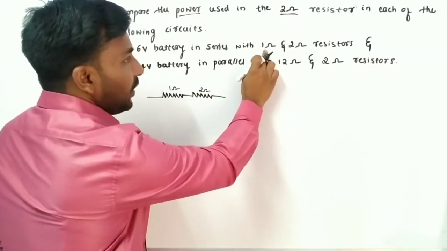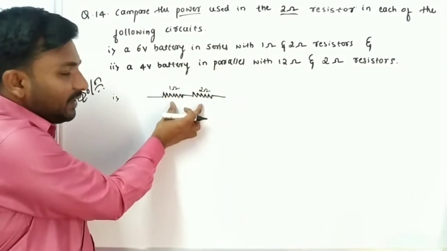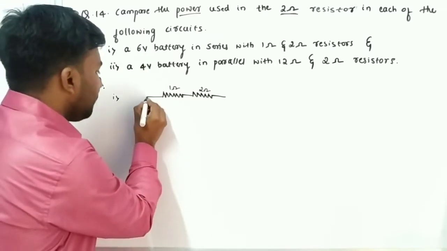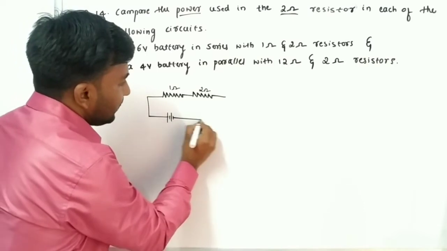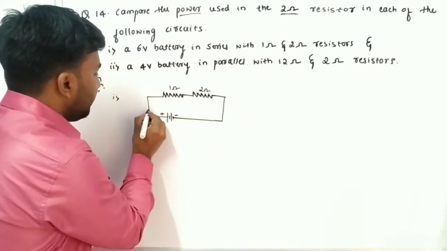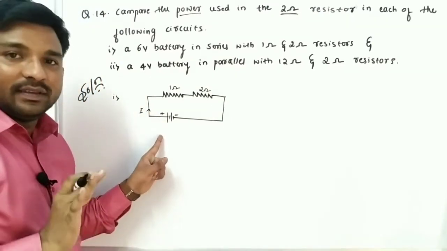The resistor 1 ohm and the 2 ohm are connected in series. So these two resistors are connected in series with the battery, that is 6 volt. Okay. Let's suppose that current I is flowing in the circuit. So this is the first situation.